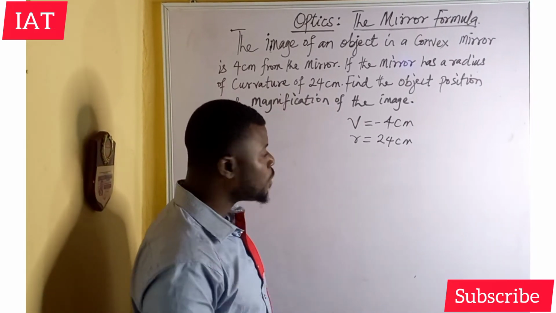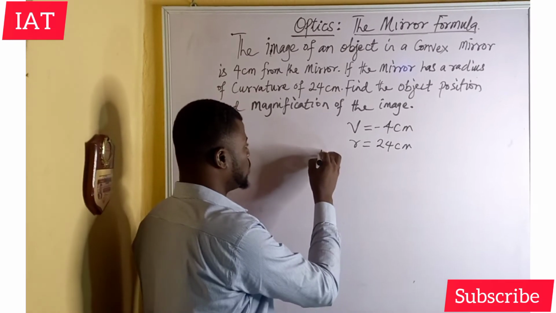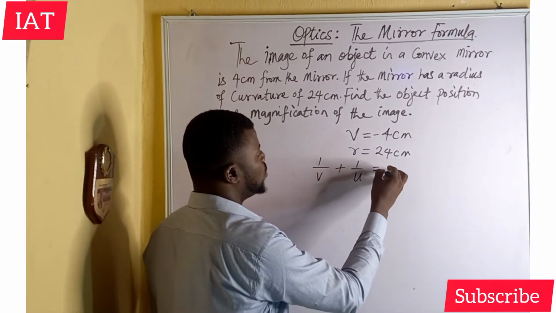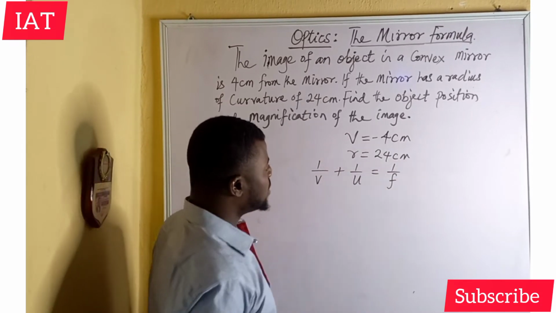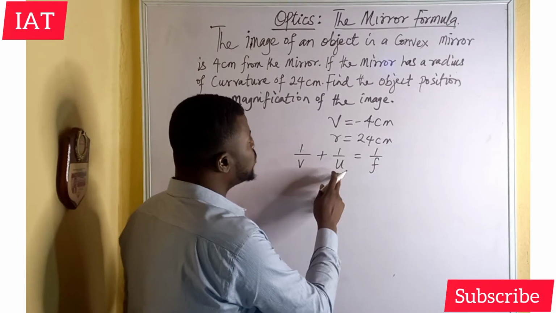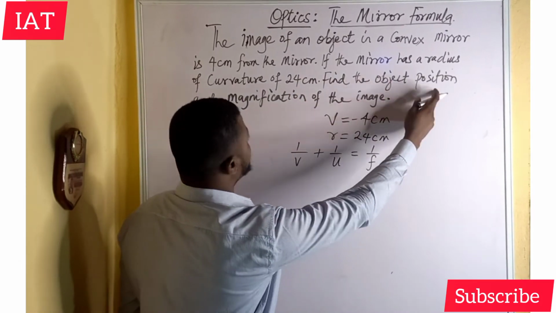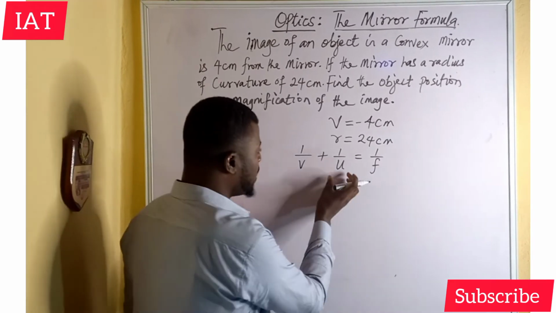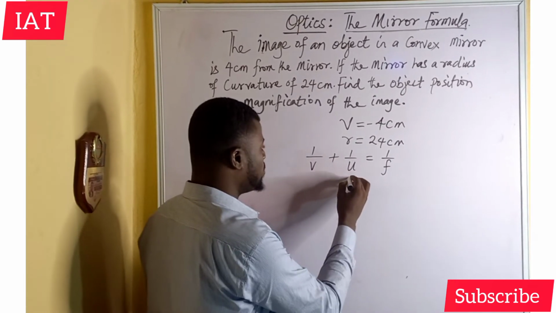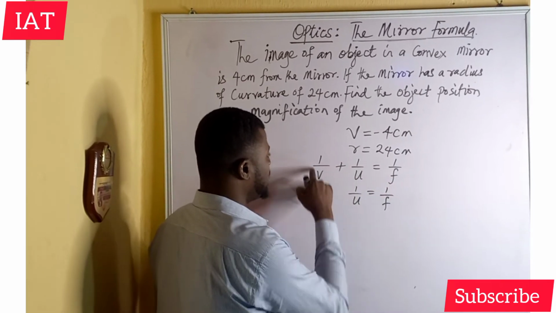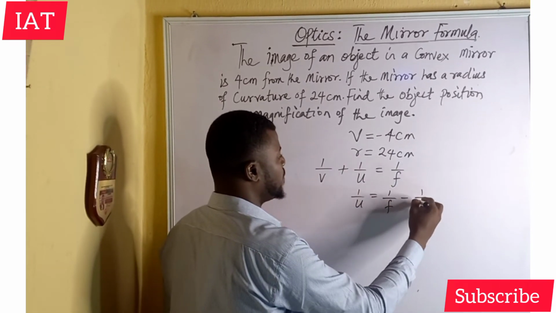In the course of applying it to this formula, which is 1 over v plus 1 over u equal to 1 over f, you can see that f is not given in the parameters listed, and u is what you're looking for. Find the object position. So firstly, we're going to make this the subject of the relation, and that will be 1 over u equal to 1 over f minus 1 over v.